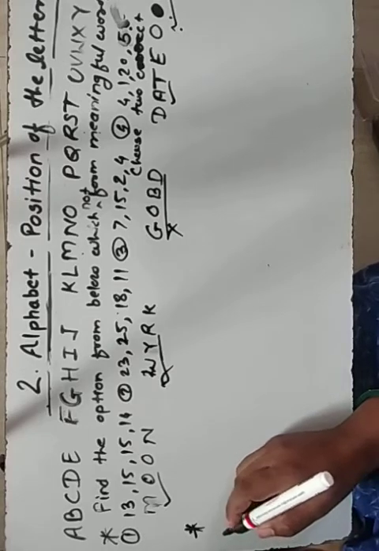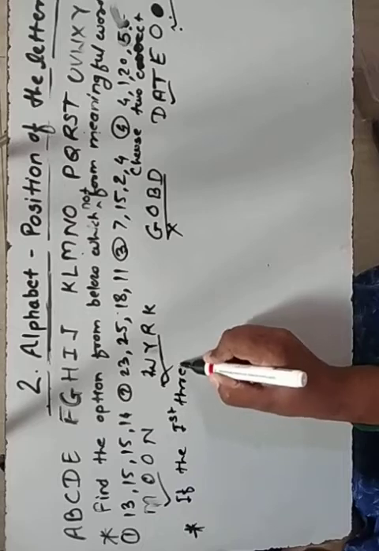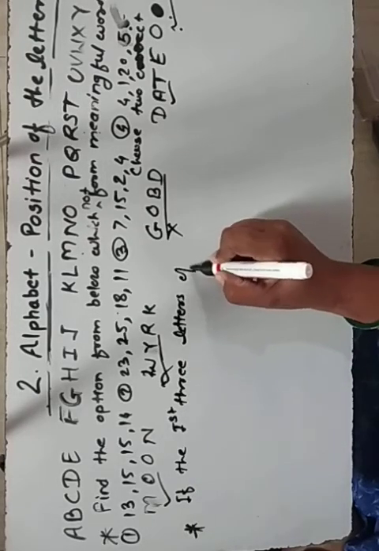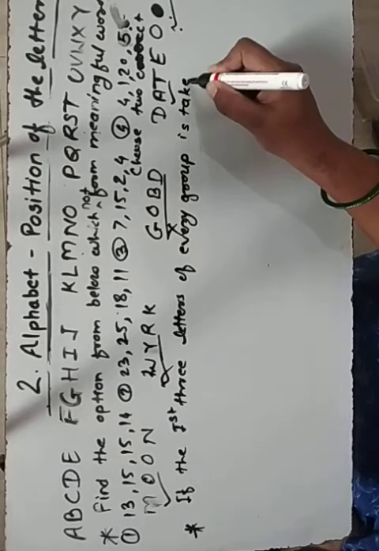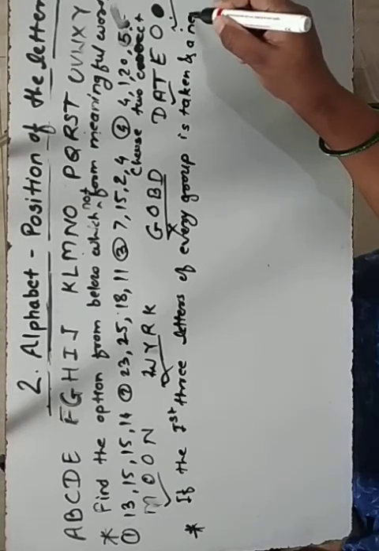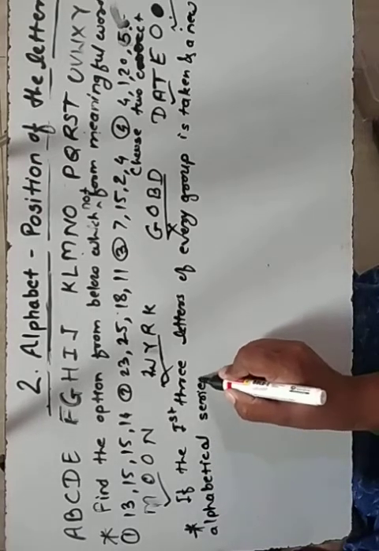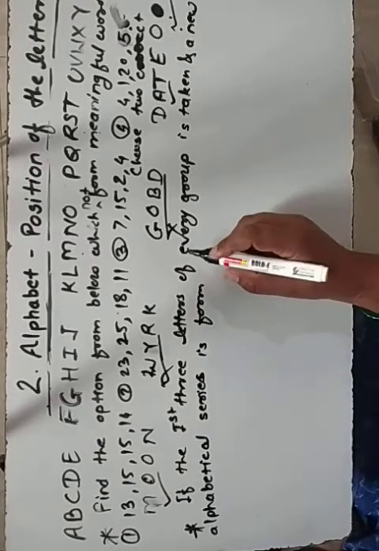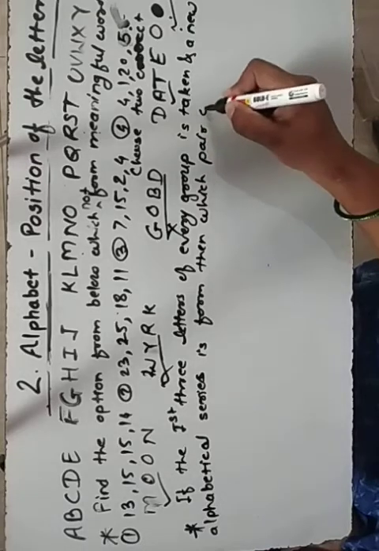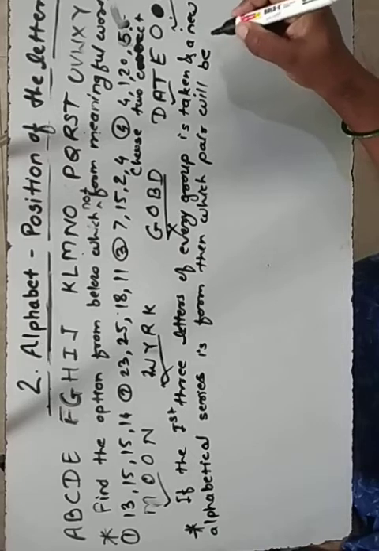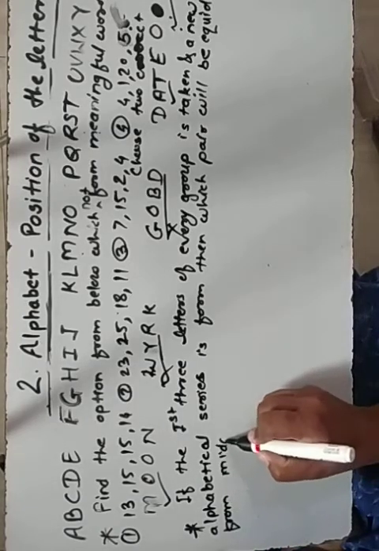Now one more question we will see. If the first 3 letters of every group are taken and a new alphabetical series is formed, then which pair will be equidistant from the middle letter?